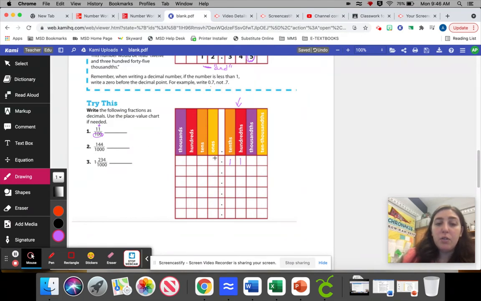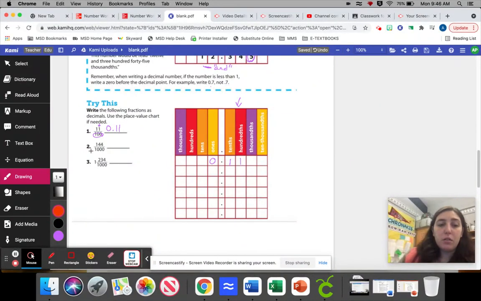So 11 hundredths is written like this in the place value chart. And of course, we can't forget our 0 because there's no whole number. So 0.11, or 11 hundredths. So 0.11. Okay, number 2.